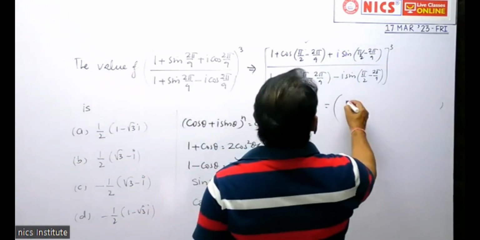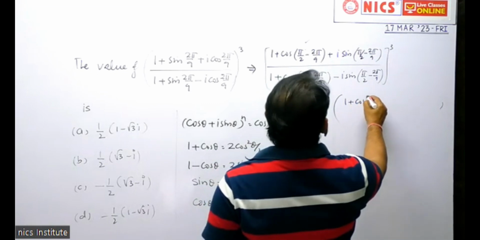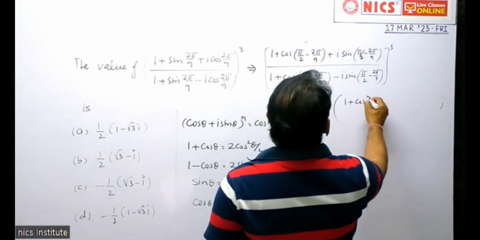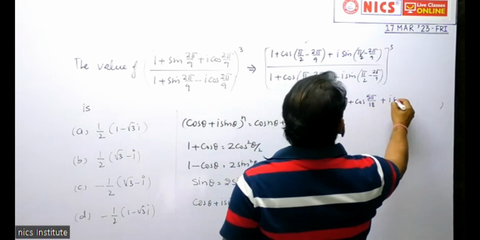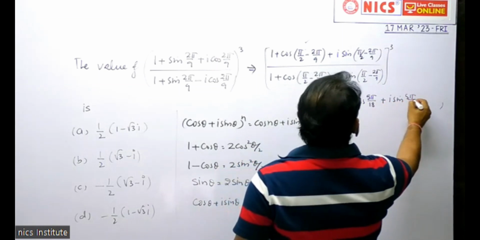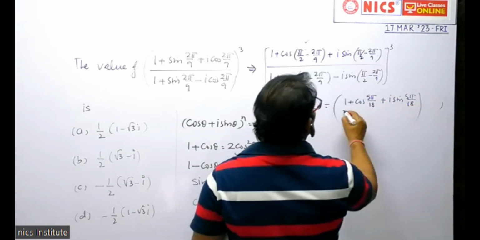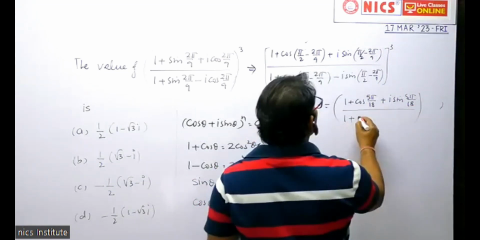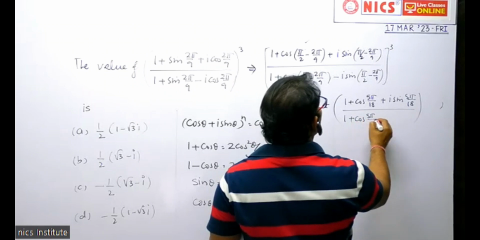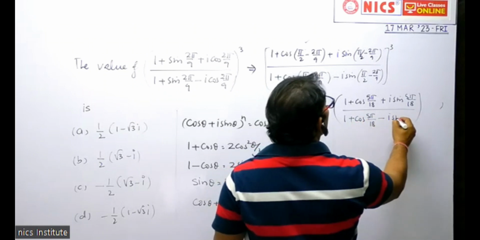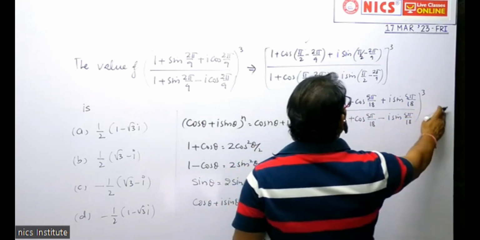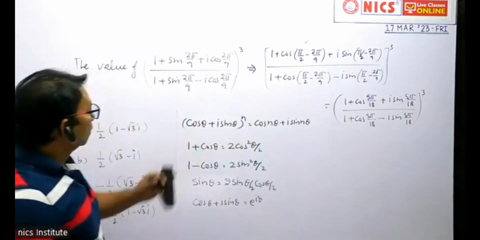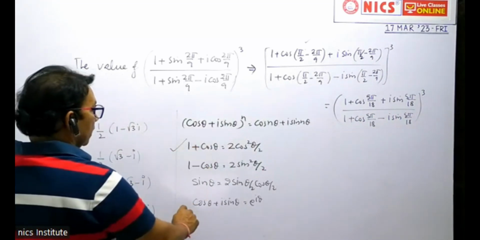It will become 1 plus cos 5 pi by 18 plus iota sine 5 pi by 18. And then you can apply half angle formula. Now you apply half angle formula, you can apply this, and you can apply this.